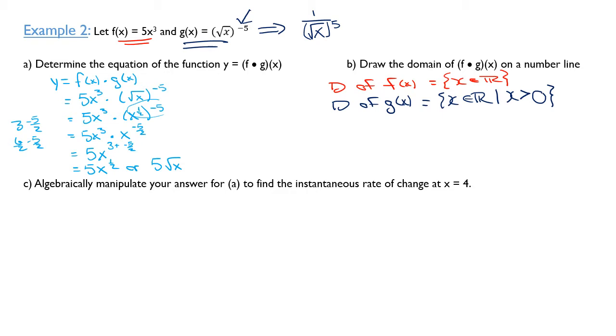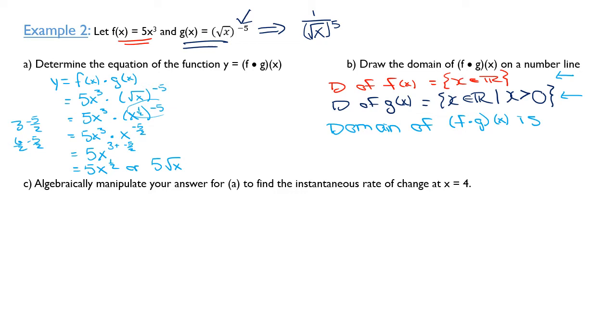I can't have 0 in the denominator there. The domain of our new function, domain of f times g at x is, remember, it's the intersection of these two right here. It's the intersection of these two.